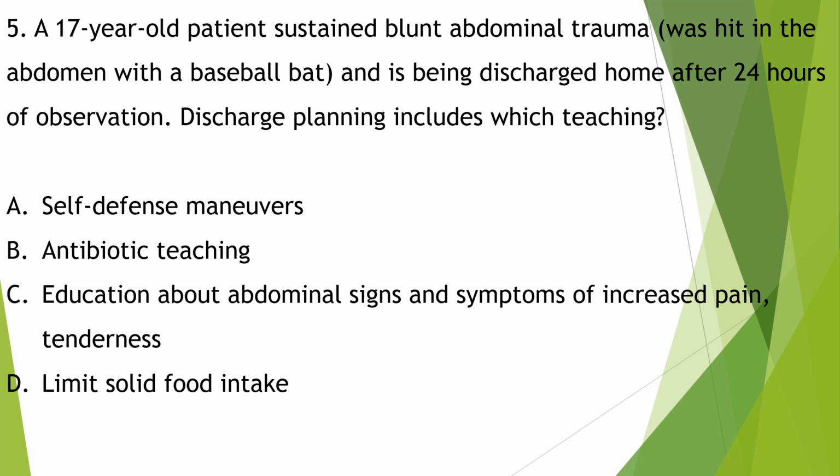It's important that the patient understand that the increased pain or tenderness can be indicative of a complication of the trauma and should be reported immediately to the healthcare provider. So we need to educate about abdominal signs and symptoms of increased pain and tenderness.